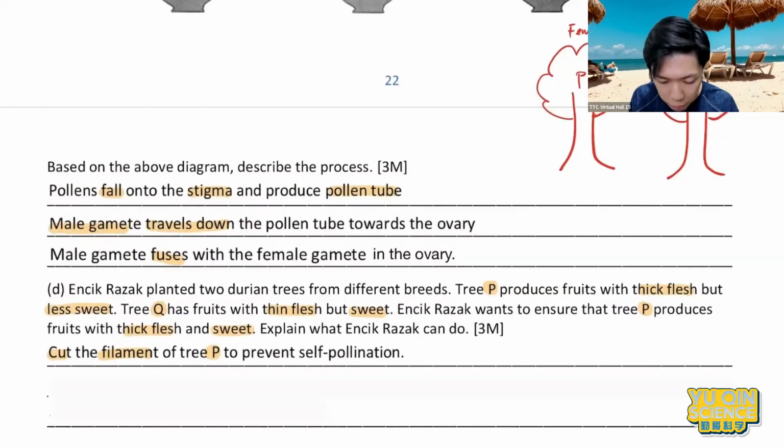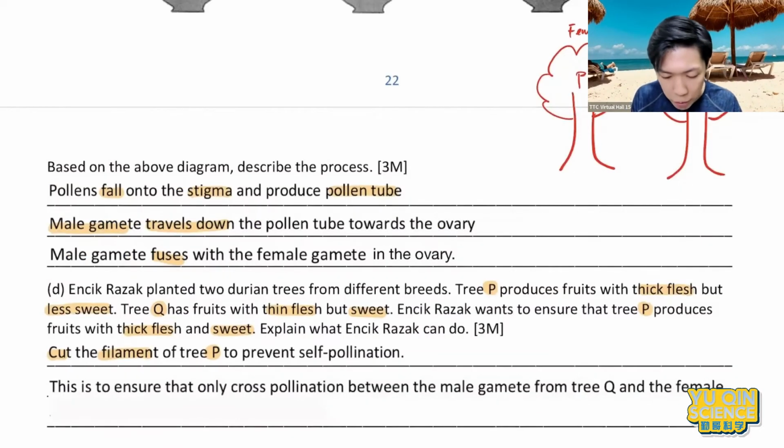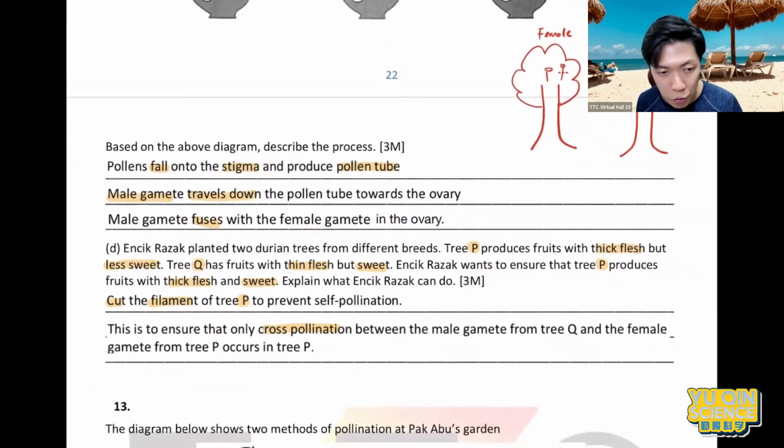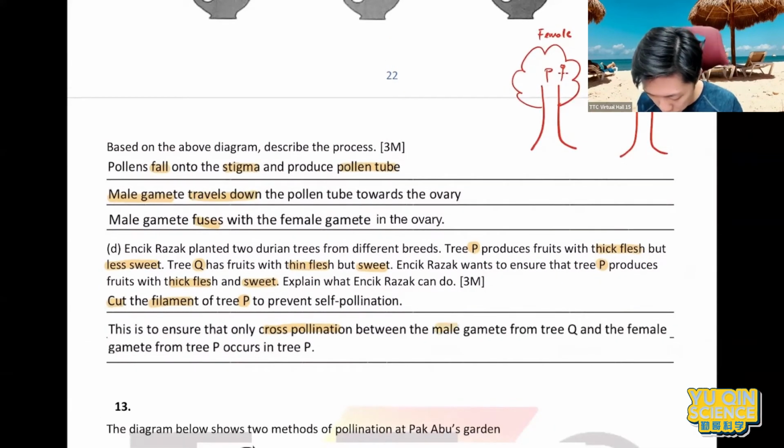All right. Second point, we want to ensure only cross-pollination happens, and this is the condition, from Q to P. There you go.